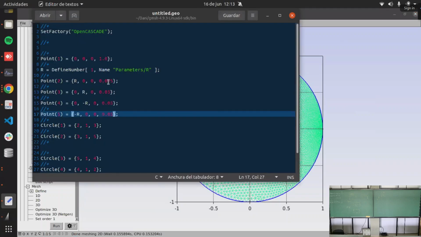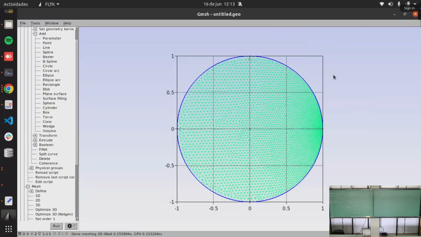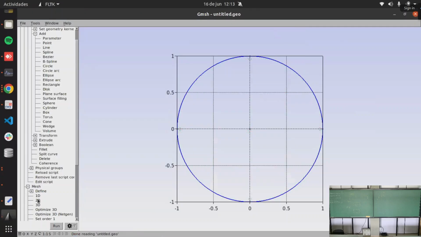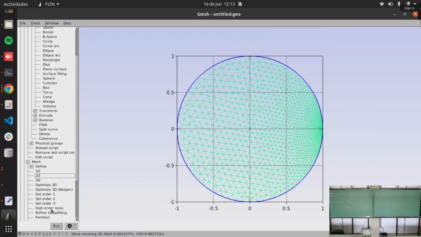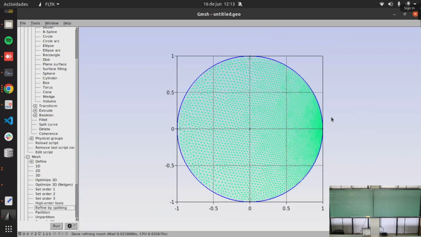Maybe we can put a bigger parameter in the others to see it clearly. Like this. If I refine the splitting, this point will be refined finer than the others.